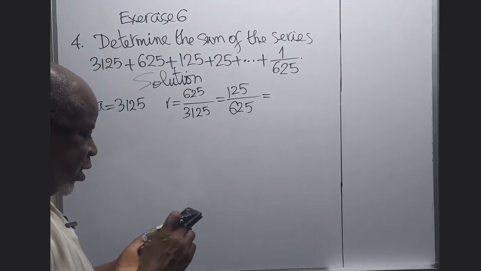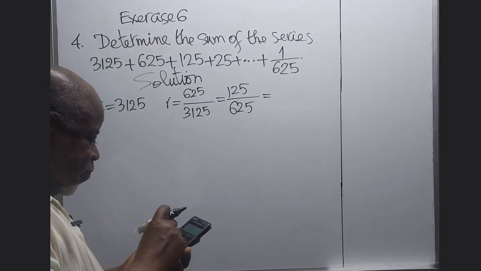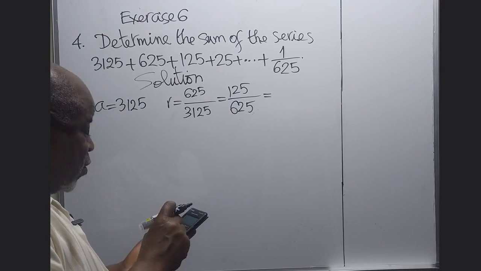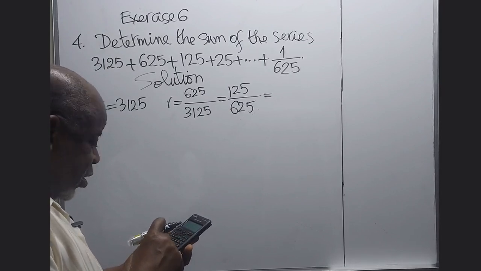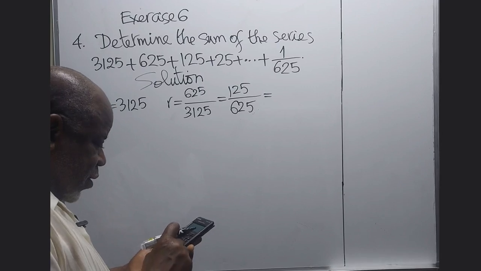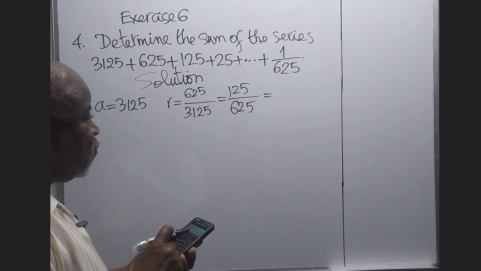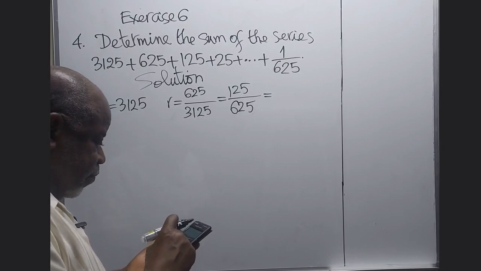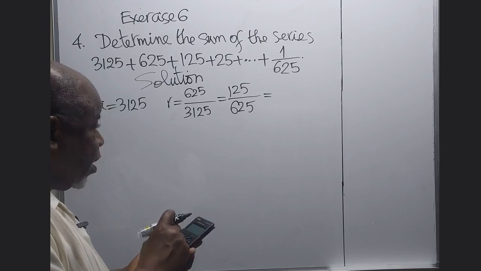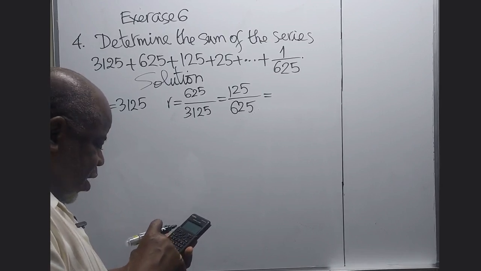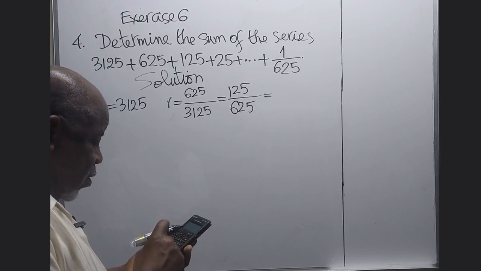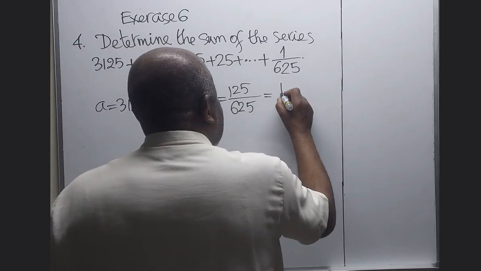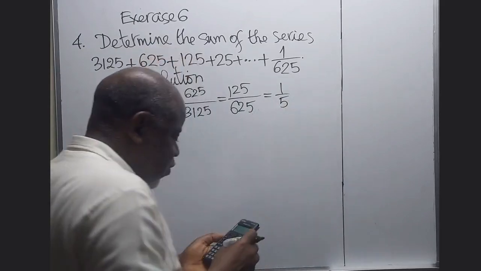Let's use our calculator. 625 over 3,125 is going to be equal to 1 over 5. 125 over 625, we're getting 1 over 5. So our common ratio is 1 over 5.